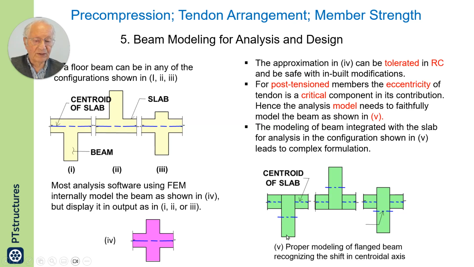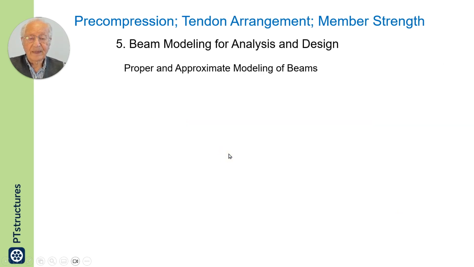If you want to model the slab and beam as I have shown here, your formulation would be complex because the centroid is here and the centroid is there, and for the handshake of the force at the centroid of the stem to the centroid of the flange, you have to come up with an additional formulation, and that is what is missing in most software in the market right now, at least.